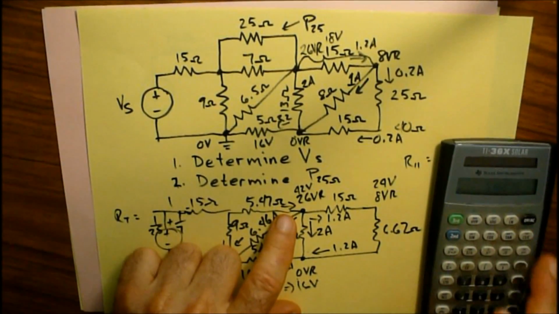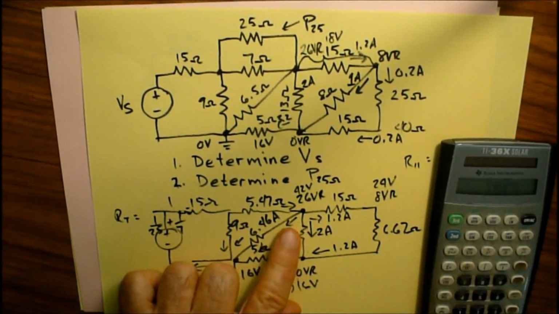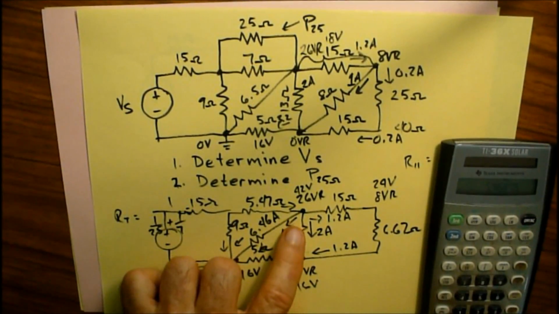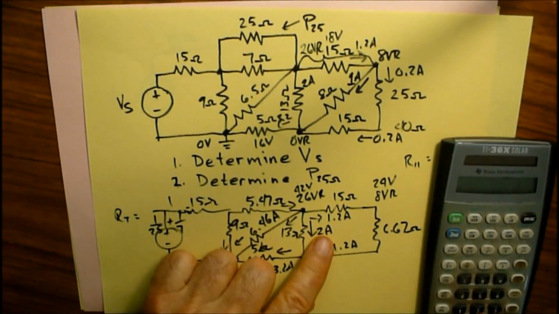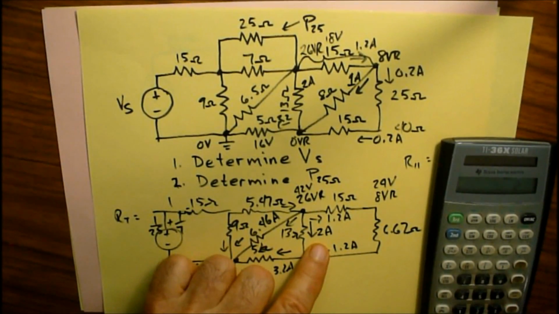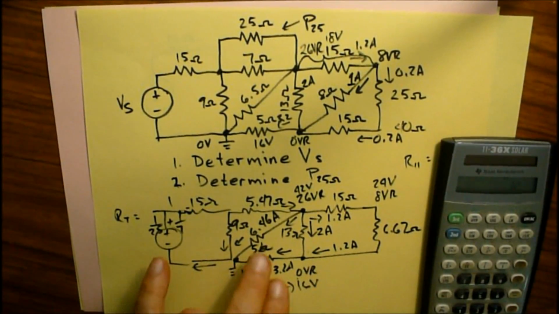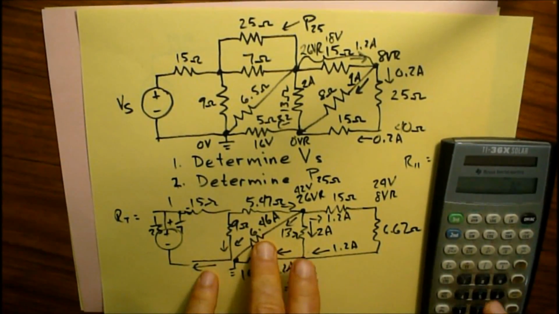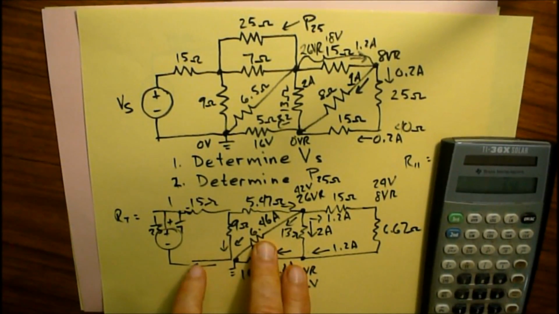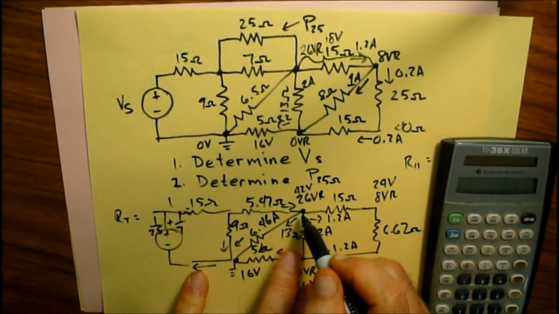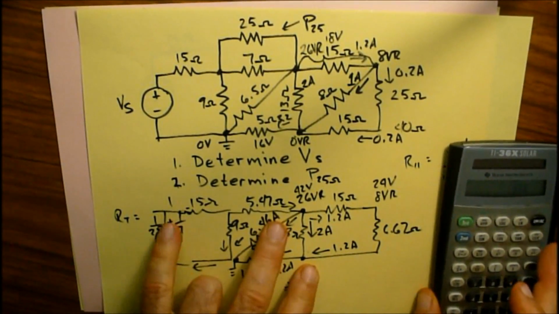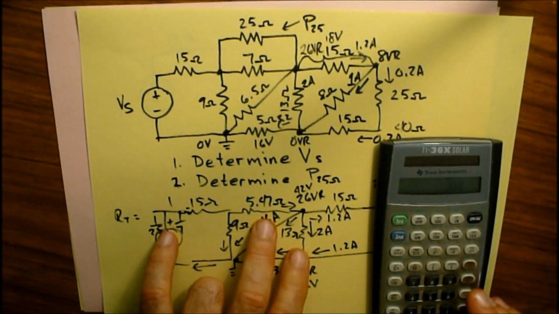So let's see, I've got 1.2 plus 2 amps plus 6.46 amps all going out of this node right here. Those add up to 9.66 amperes.